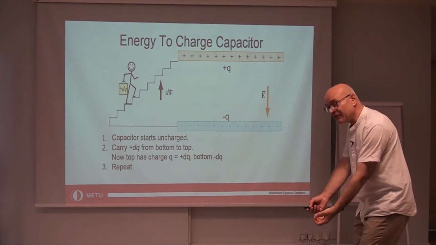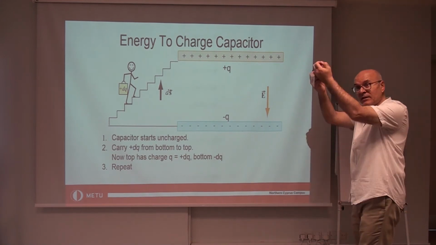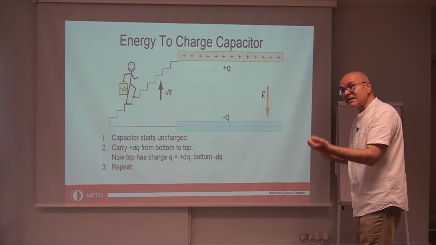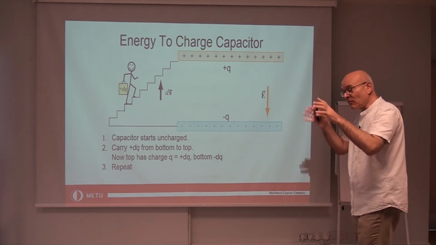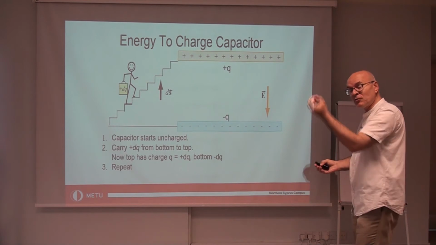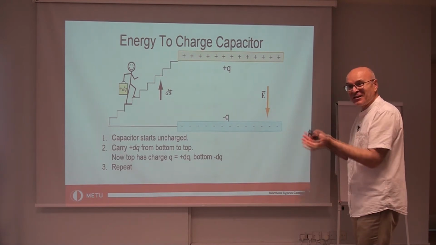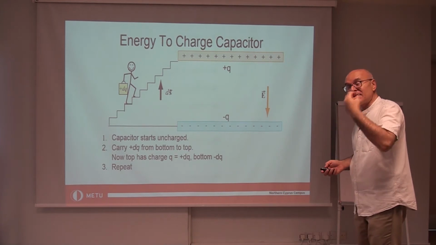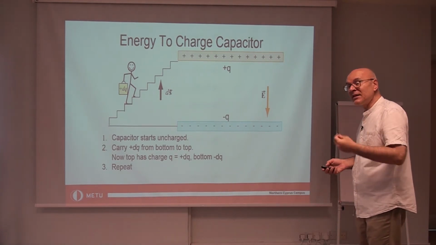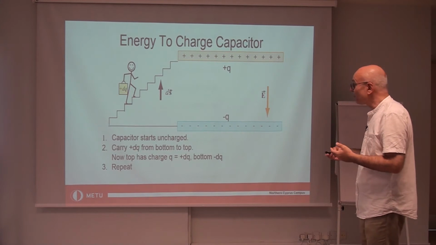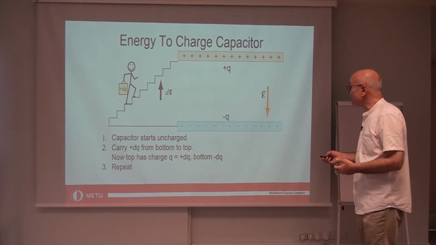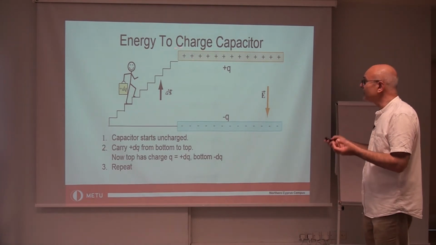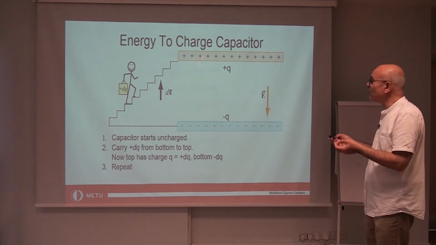It's like when you lift a mass: that mass will not go by itself. You have to apply external work to the system of earth and mass, and this will increase the potential energy of that system. This is exactly what's happening here. External work needs to be done on the system of charges to move charges from the negative lower plate to the upper plate.